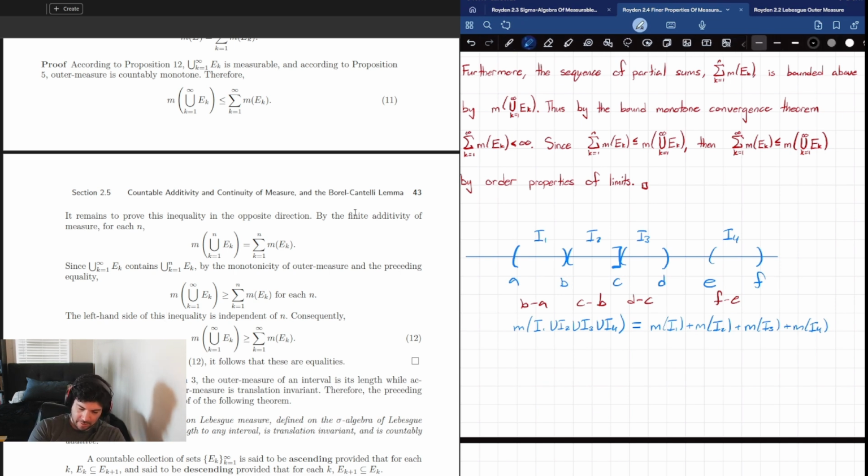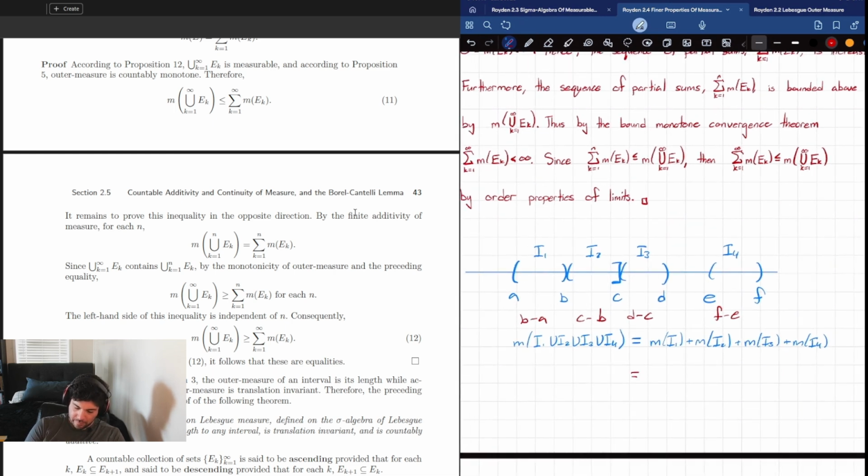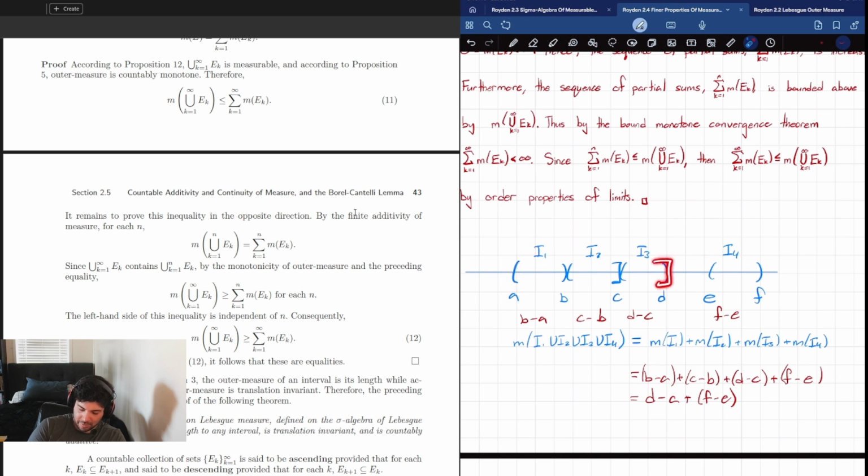This is B minus A plus C minus B plus D minus C plus F minus E, which is the same thing as, so you get cancellations of B, you get cancellations of C, so you get D minus A plus F minus E. And so D minus A is just the measure of this hypothetical interval that we could have created here. If I created this interval here, the measure of that would be D minus A. And so that's accounted for here. And this is just the measure of this interval that's way over there.